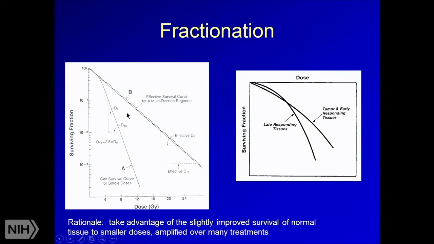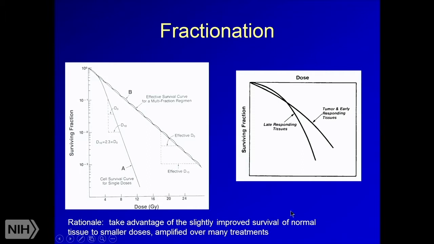There's also an effect of fractionation, so it's pretty rare that we actually give a single dose of radiation. And so what we can see here is if we actually fractionate radiation, which leads to improved toxicities for patients, this is the type of curve that we would see here. So this is the same cell lines with a single dose of radiation and then a fractionated radiation course. But what we can clearly see from fractionation is that we have to increase the dose over time to get the same level of cell kill.